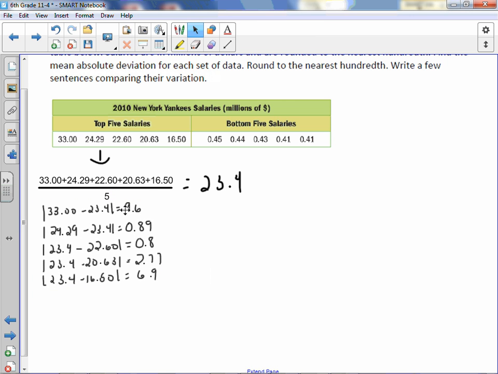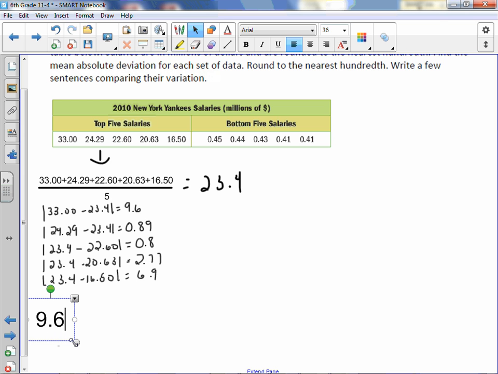Now we will take these values and find the average. 9.6 plus 0.89 plus 0.8 plus 2.77 plus 6.9 divided by 5 values.